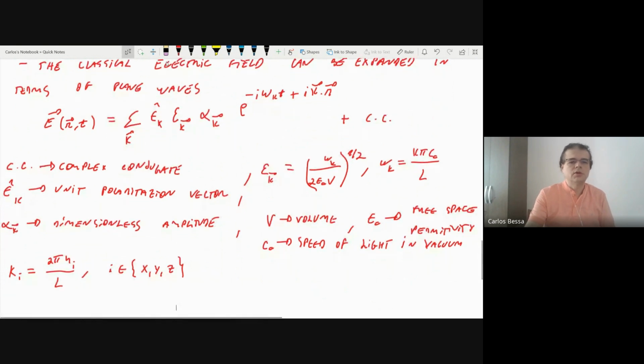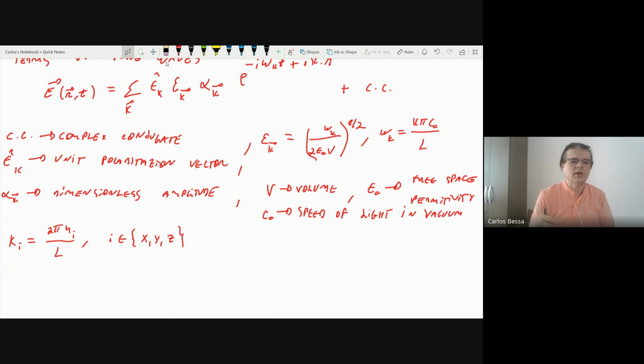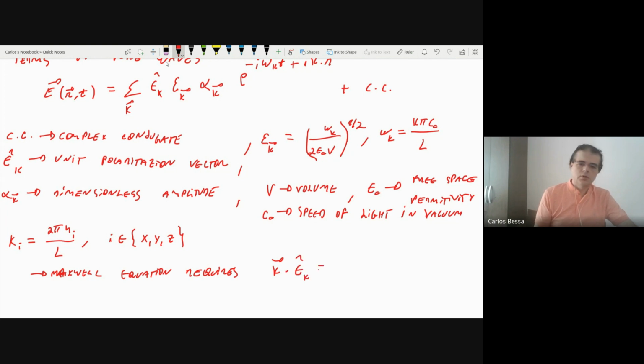So this is the classical electric field in a cavity. And the Maxwell equations require that k dot e_k equals 0.